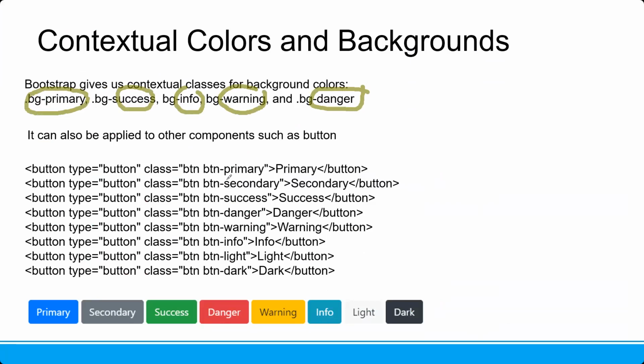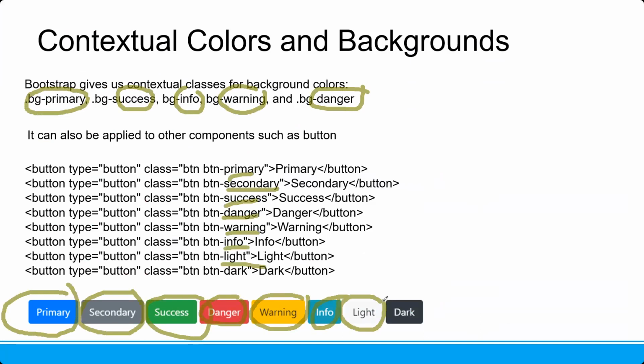If it is primary, it will be blue. If it is secondary, it will be gray. If it is success, it will be green. If danger, it will be red. If it is warning, it will be yellow. If it is info, it will be a light blue. If it is light, it will be white like this one. And if it is dark, it will be like this.